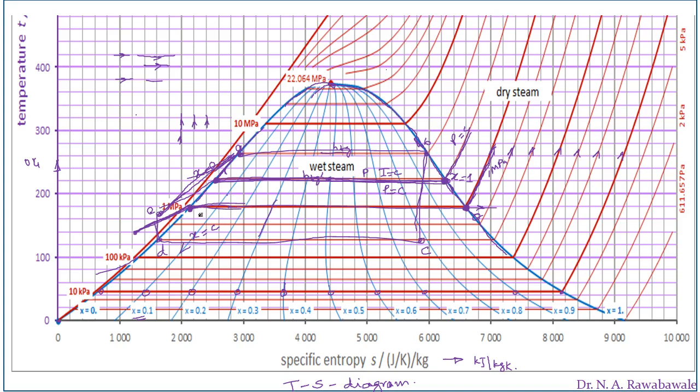As well, the horizontal lines between the saturated liquid curve and the dry saturated steam curve are representing constant temperature as well as constant pressure.